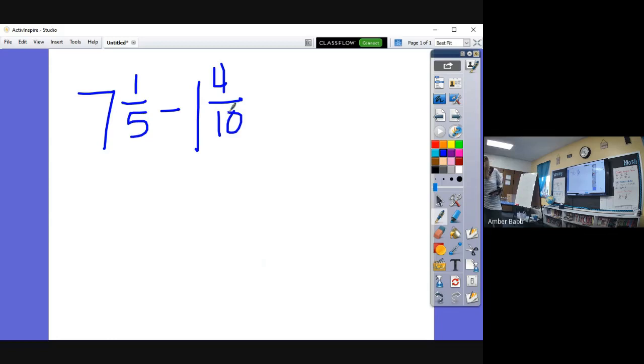Hang on, no. Anytime you're multiplying by 10, you just add a 0 to the number that's already there. There you go. Oh, Cameron put an answer.